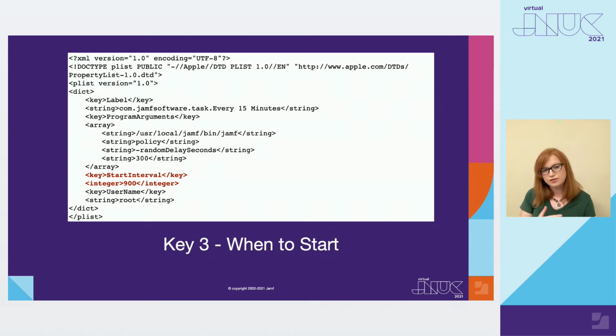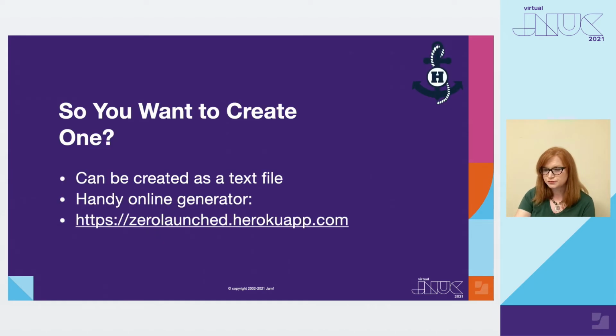You can kind of think of it that way, like if you were manually sitting at a computer every 15 minutes and typing this in. The launch daemon is doing that for you, and that's kind of why they're so powerful. Not all launch daemons have start interval. A lot of them actually use the calendar interval, and we're going to get into that later.